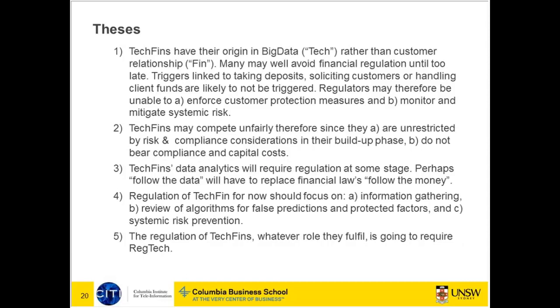We think that they will probably provide two services. Initially, they will become the conduit by which people deal with financial entities. In other words, people will borrow money through Google or Facebook or Amazon. The loan actually won't be extended by that entity.